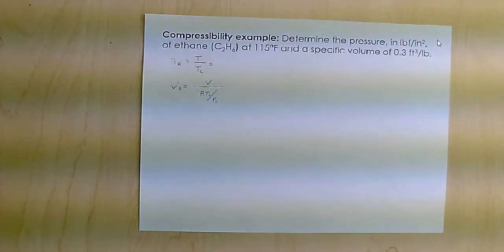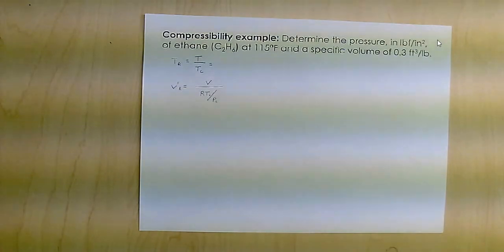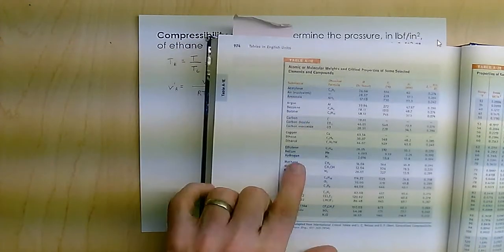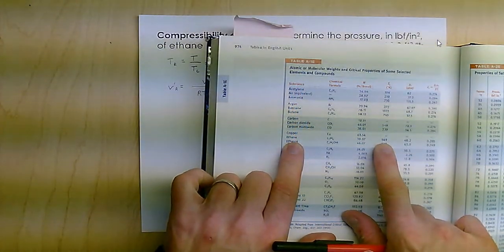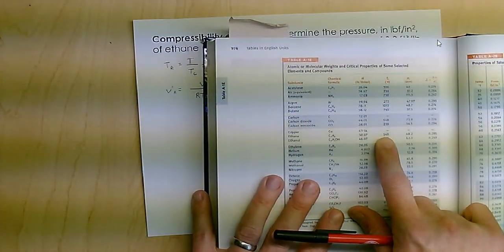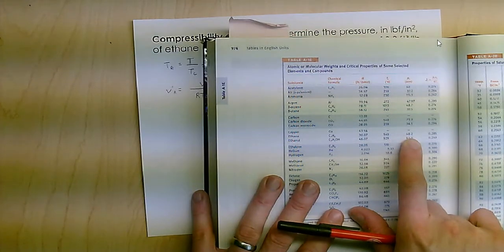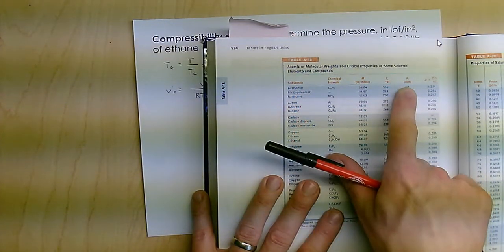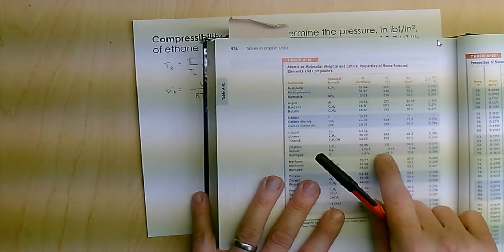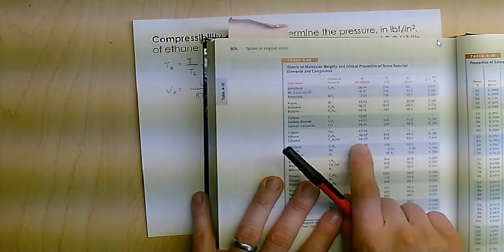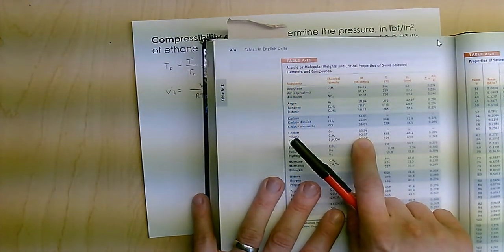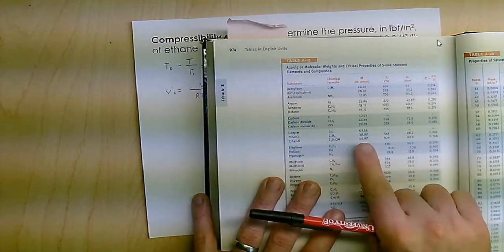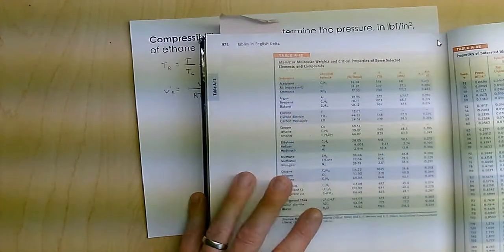I'm going to go to table A1 and down to ethane, and you see that my critical temperature is 549, my critical pressure is 48.2, and that's in atmospheres, and my molecular weight is 30.07. So we're going to use those three values for ethane to calculate these things.